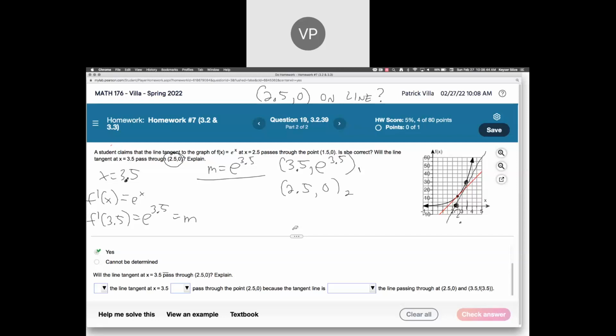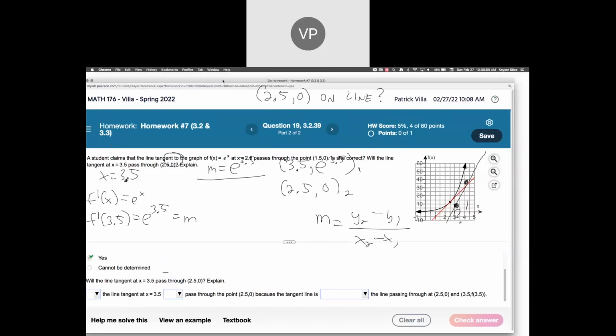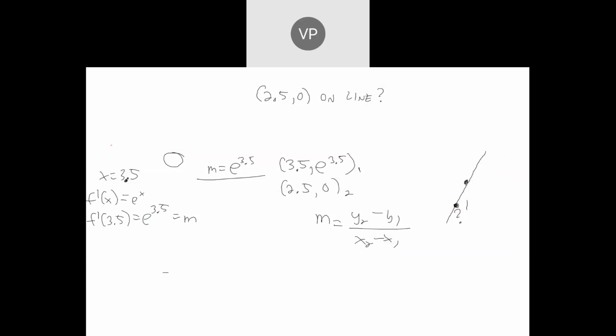So I'll do this problem a little differently where we have m, back to our slope formula, good old y2 minus y1 over x2 minus x1, just to see if in fact it matches and we get the same slope. So it's basically what we did a second ago on the last part, but I'm hoping to save a couple steps.